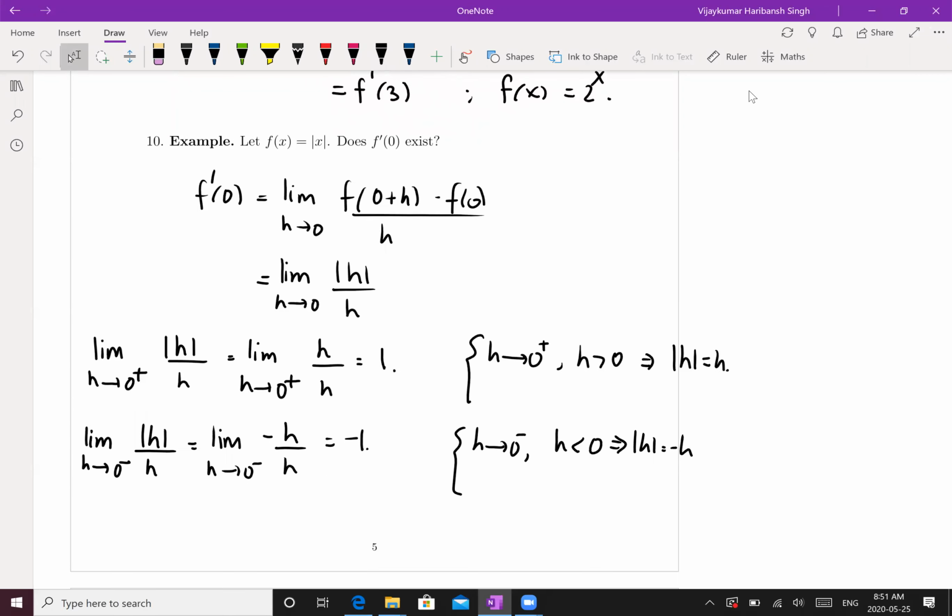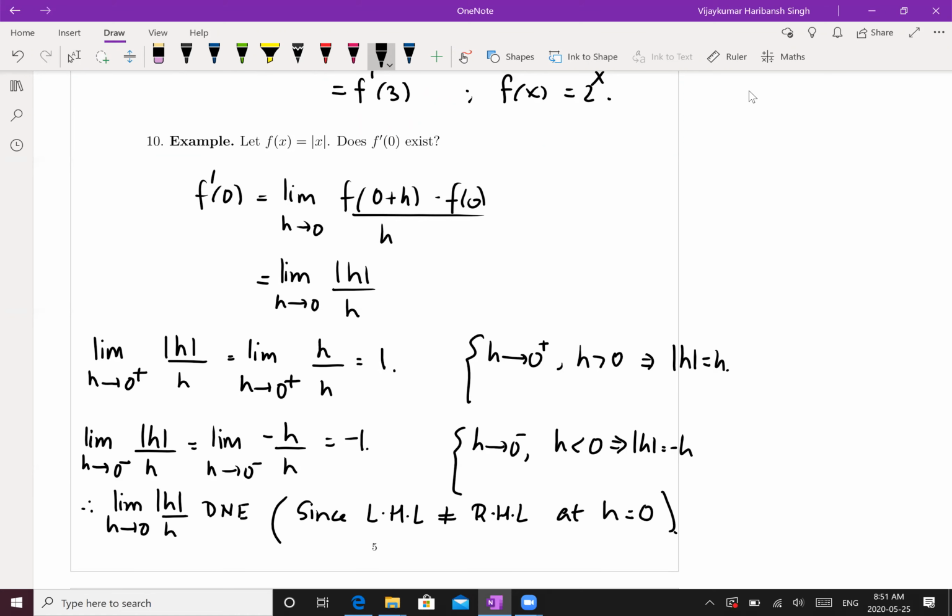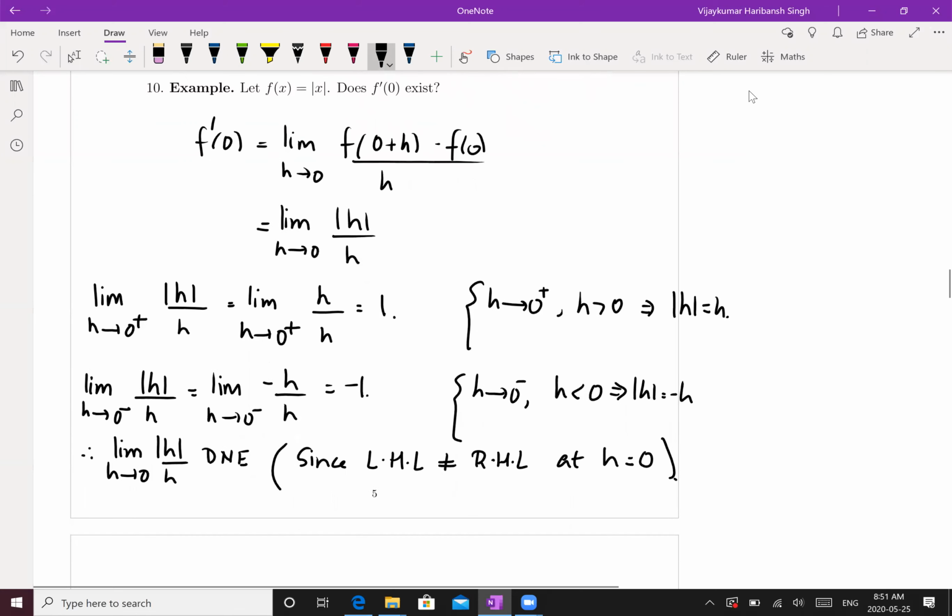So now you see the left-hand limit and the right-hand limit are not equal at 0. Therefore, the limit as h goes to 0 of the absolute value of h over h does not exist. Why is that? Because the left-hand limit is not equal to the right-hand limit at h equals 0. So this limit does not exist, and hence this derivative does not exist.